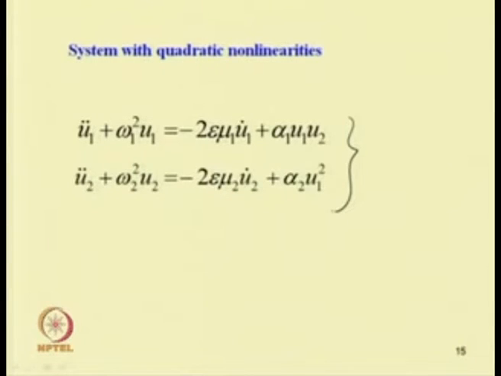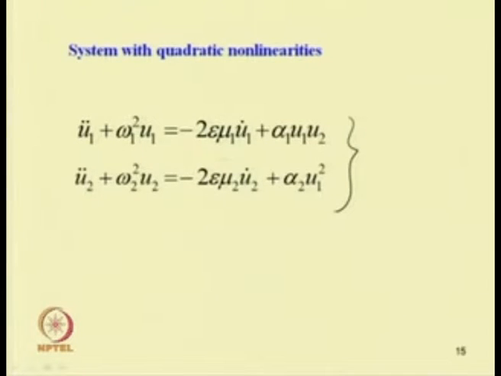So, here we can write the equation, we have taken a 2 degree of freedom system, where the equation is written: u 1 double dot plus omega 1 square u 1 equal to minus 2 epsilon mu 1 u 1 dot plus alpha 1 u 1 u 2, then u 2 double dot plus omega 2 square u 2 equal to minus 2 epsilon mu 2 u 2 dot plus alpha 2 u 1 square.